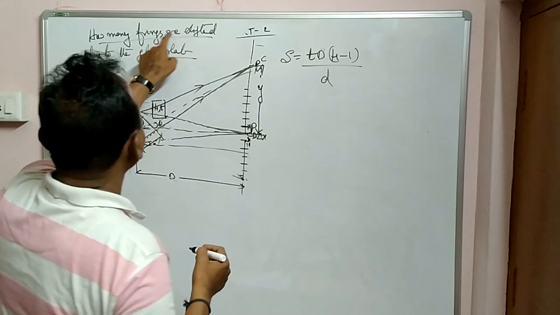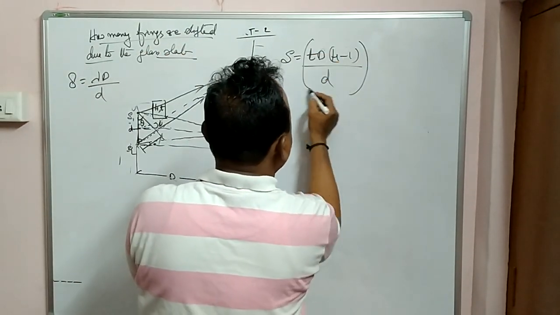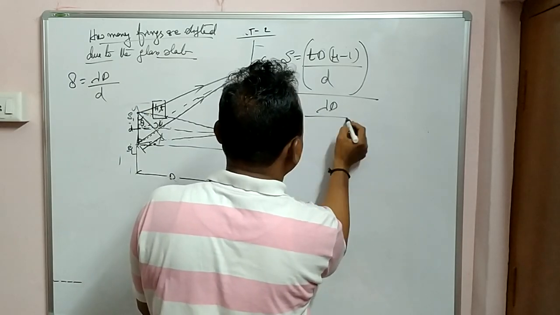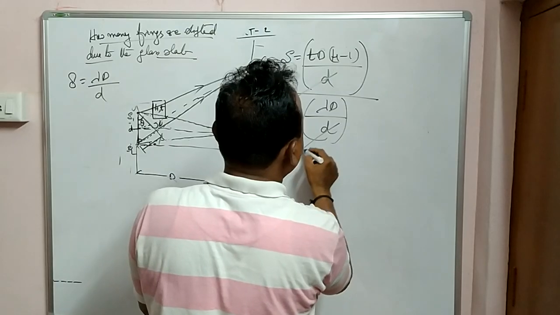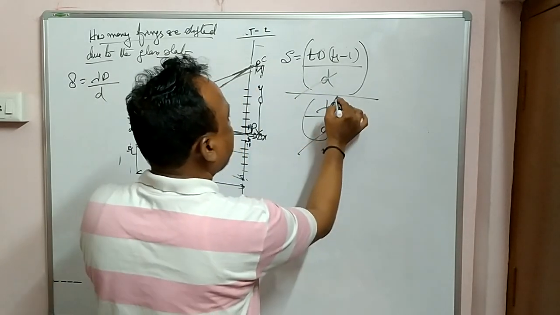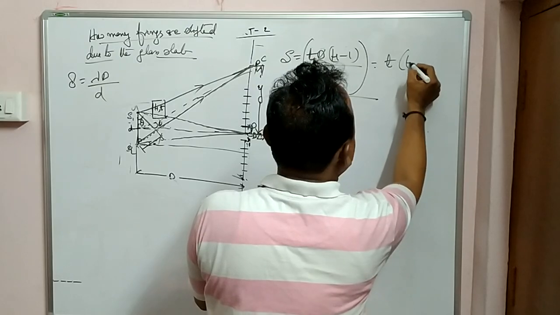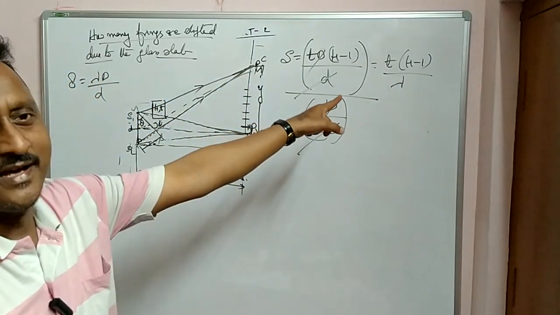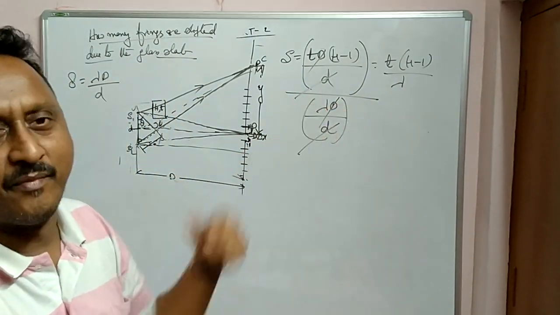So how many fringes shifted means how much it has shifted by the fringe width, lambda d by d. Okay na? అలాగే capital D. So finally you are left over t into mu minus 1 by lambda. That is the formula. Thickness of the slab into refractive index minus 1 by lambda.